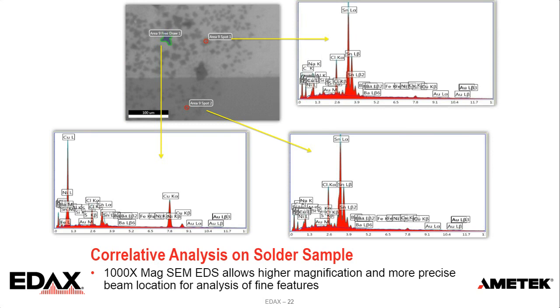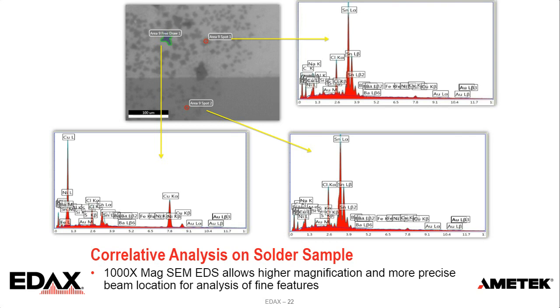In this case, we used high magnification SEM. At this high magnification, EDS allows more precise beam location, so we are able to analyze the 3 very small features using EDS.